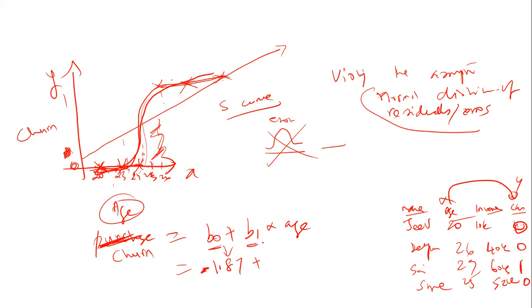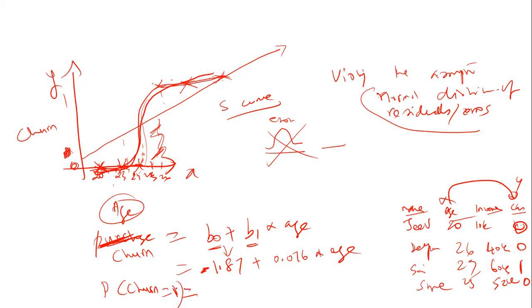And beta 1, let's say the slope for the age column is 0.076 into age. Got it? If you solve this, what value will you get? So the probability of churn equal to 1, this is what we are interested in, right?